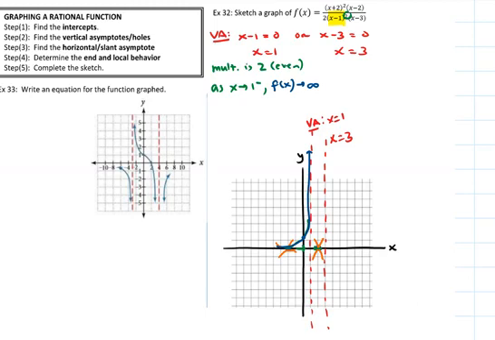And if you're interested in verifying this, and we would normally do this, you could pick an x value around x equals 1. So if you wanted to plug in, and I'll let you do this on your own time, you could test out x equals maybe positive 1/2.